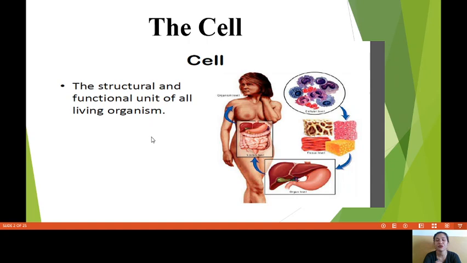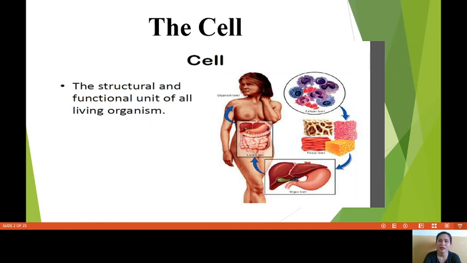When you say structural, it means in terms of structure or physical characteristics, your cell is the smallest. While when you say functional, cells are the smallest unit that works inside our body or inside a living organism's body. Okay, that is your cell.